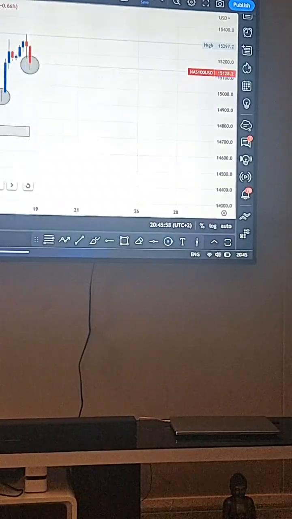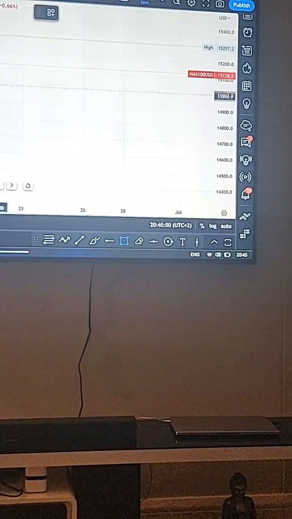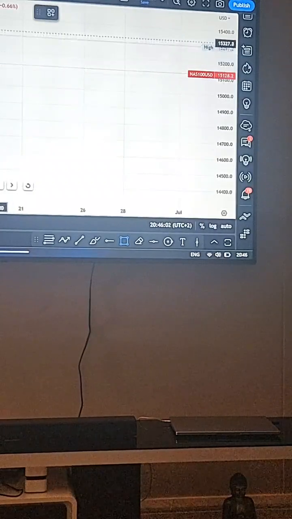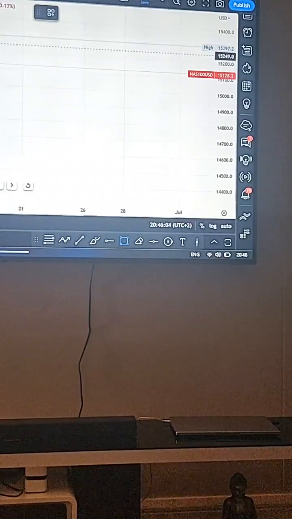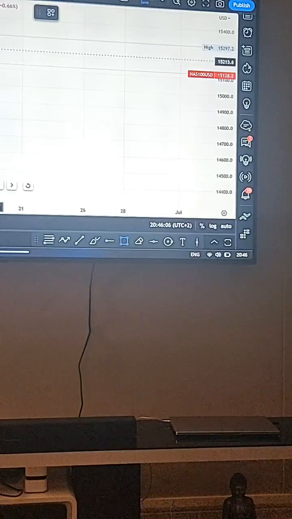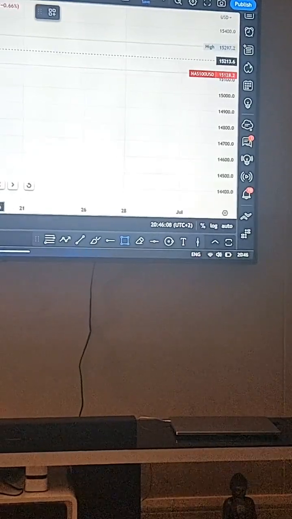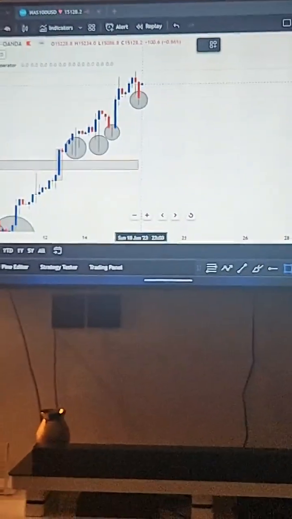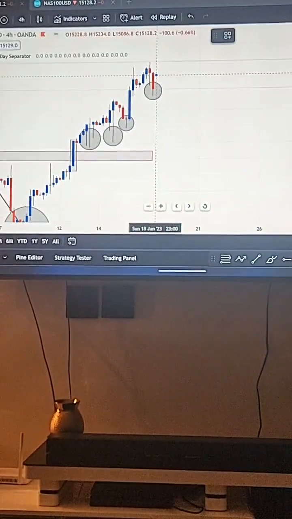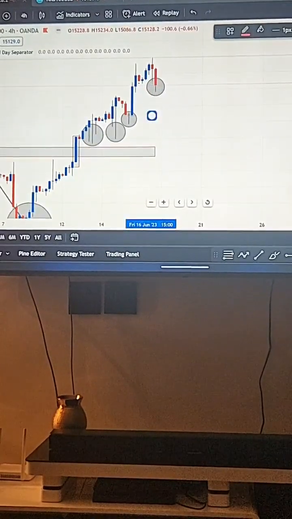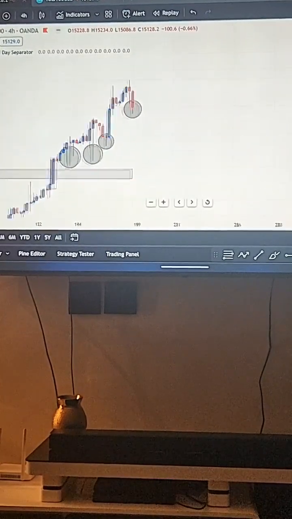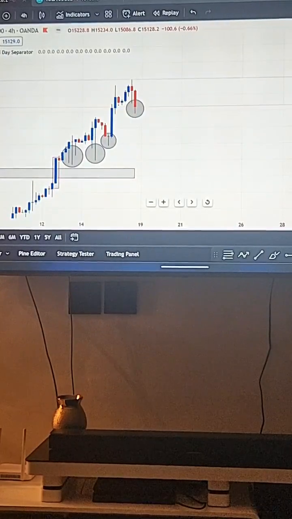So what I'm expecting now is for price to come in, trap the buyers, which they have done. So okay, you can't see my screen anyway. Sorry about that. Okay, anyway. So obviously here you can see that we have now failed to trap sellers. We haven't trapped sellers yet.